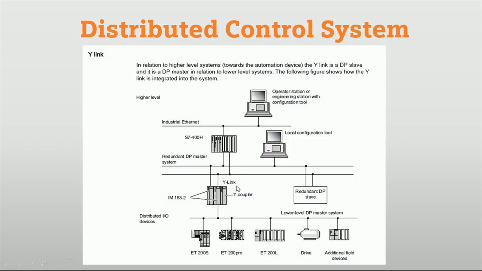When communication through one coupler fails, it can carry information via the second cable. When this cable fails, the second link will send the data to the automation station. Like that we can make redundancy for the coupler, for the field devices, or for the automation station also.